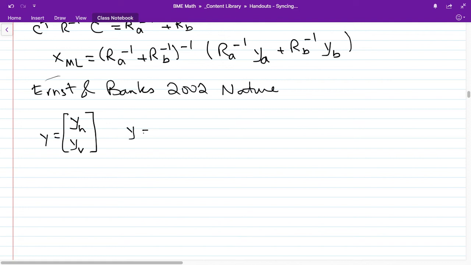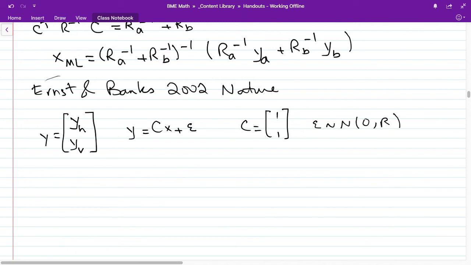We can write that Y is equal to CX plus epsilon, where C is a 1-1 vector, and epsilon is normal with variance R, where R is a matrix with sigma squared h, your haptic noise, and sigma squared v, your visual noise. They estimated these from a psychophysical experiment.